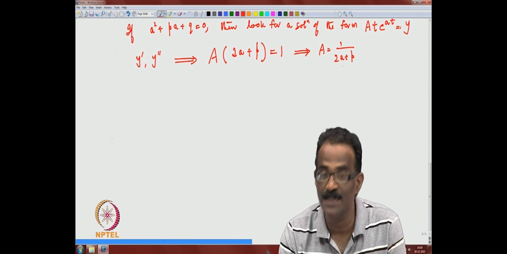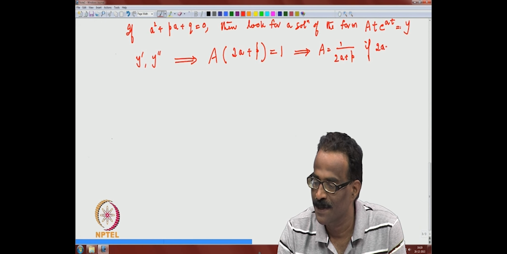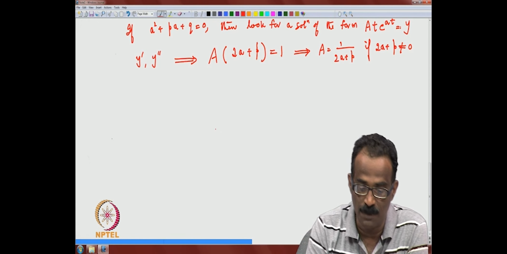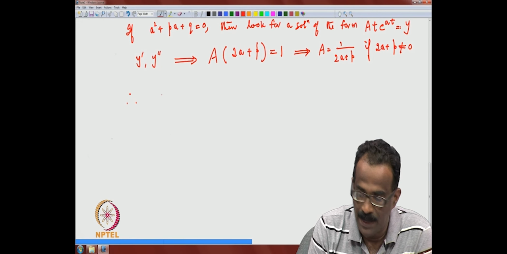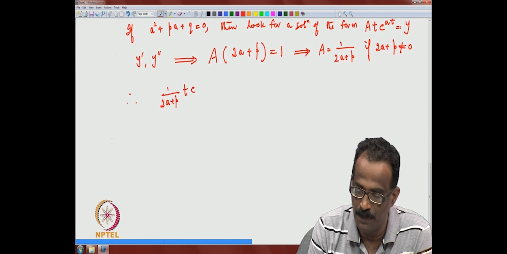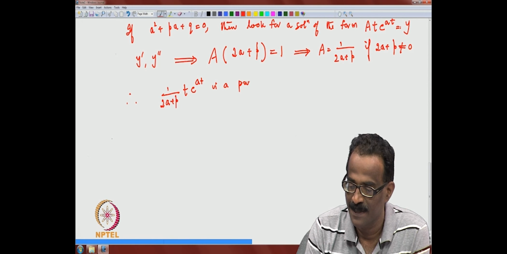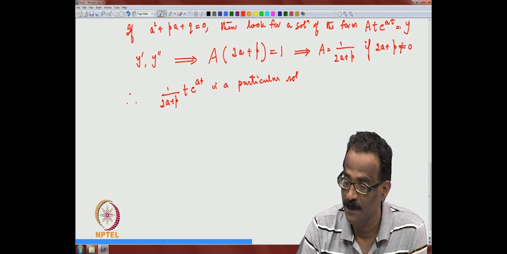Of course, in that case 2a plus p should be non-zero. So, you see, first you got a solution, therefore 1 by 2a plus p into t e power at is a particular solution in this case.